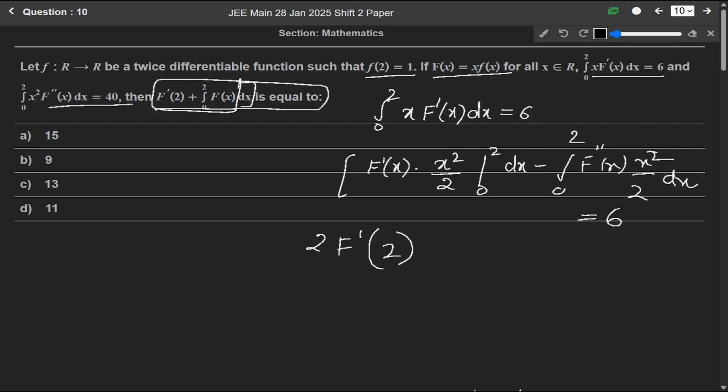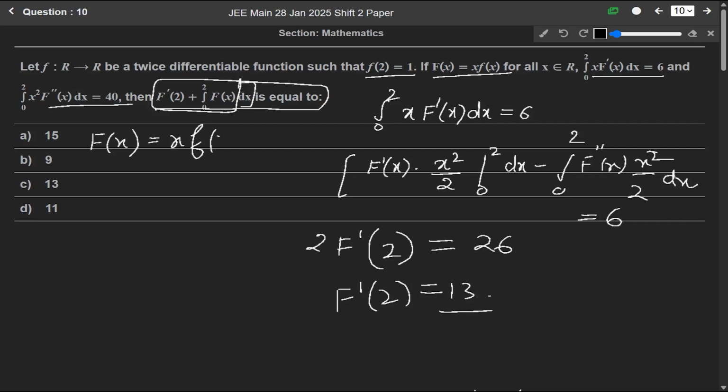So it will be equal to, we are given the integral from 0 to 2 of x square f''(x) dx. So 0 to 2 of f''(x), this x square dx, and there is 2 also. So it will be 26 here. So this f'(2) will be equal to 13. And it is also given that f(x) is equal to x into f(x).